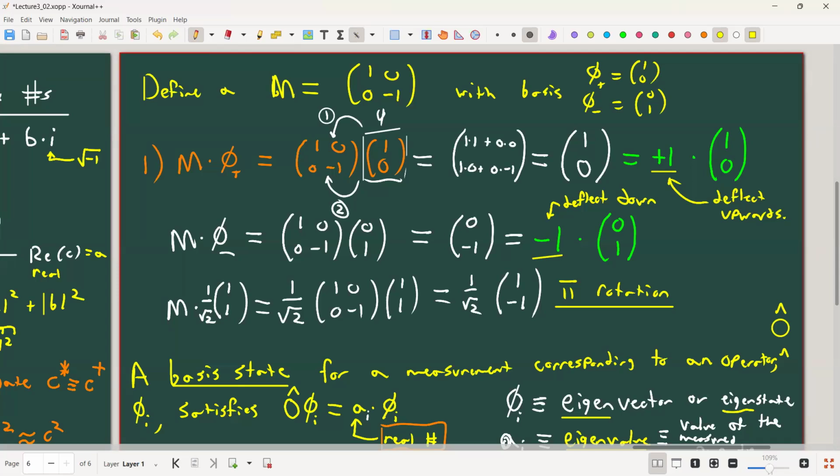It's going to go back and forth forever, 50-50. On average, I'm going to see 50 of each. So the eigenvalue is the measurement, the property, the quantity that we are measuring in our experiments. And the eigenvector is the object itself that, when measured, returns unchanged and returns the value of the measure, the eigenvalue.